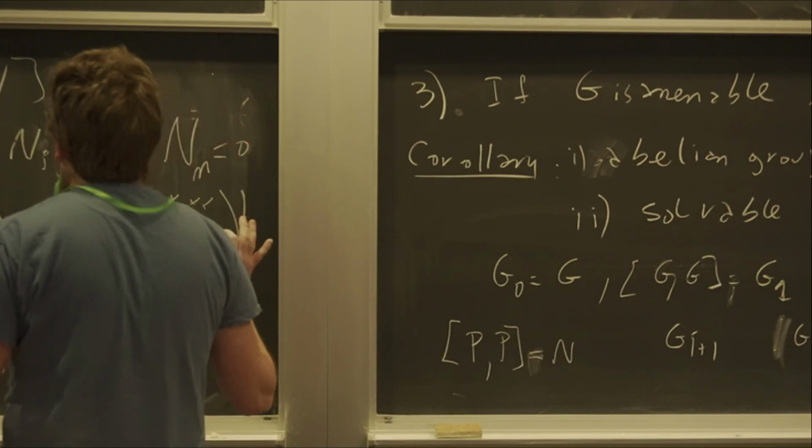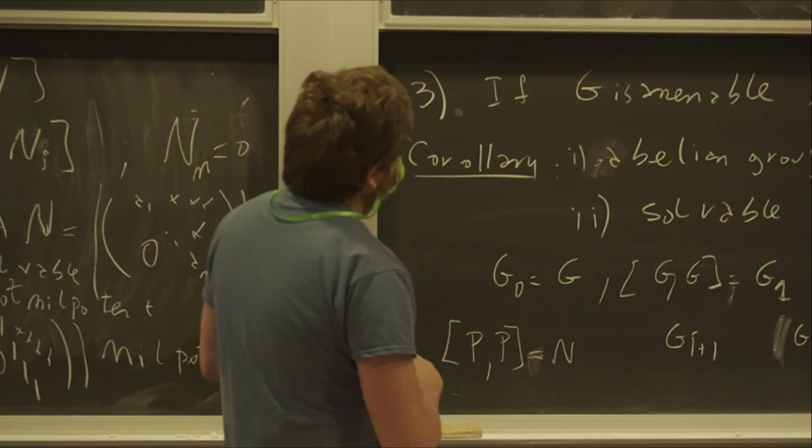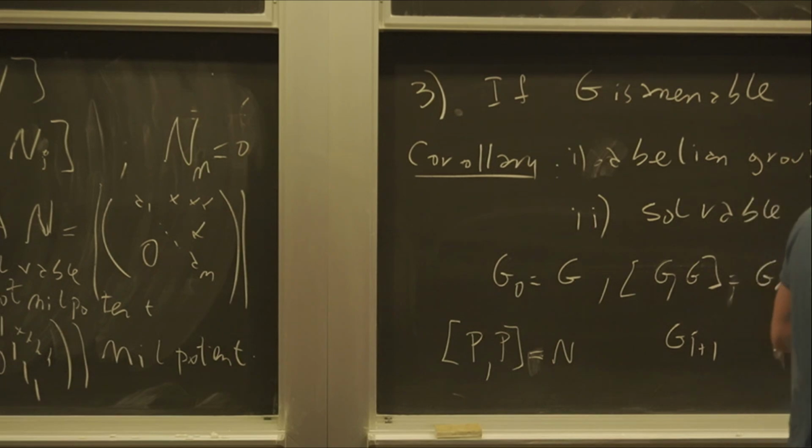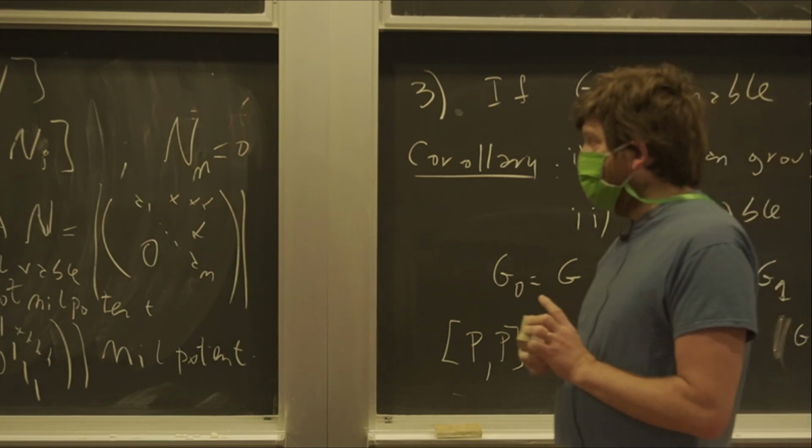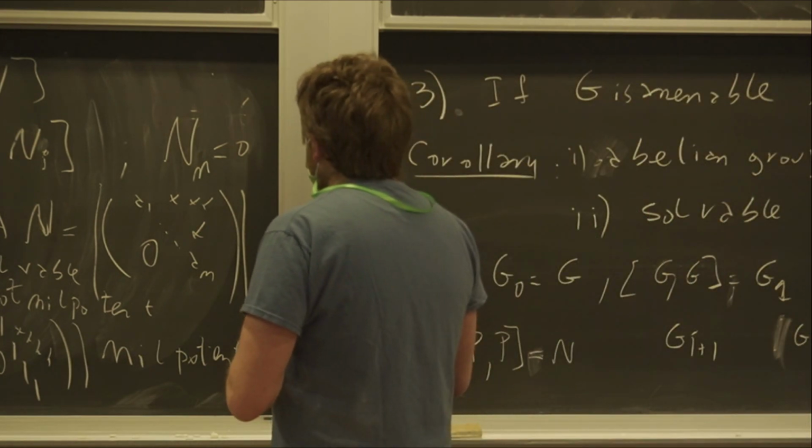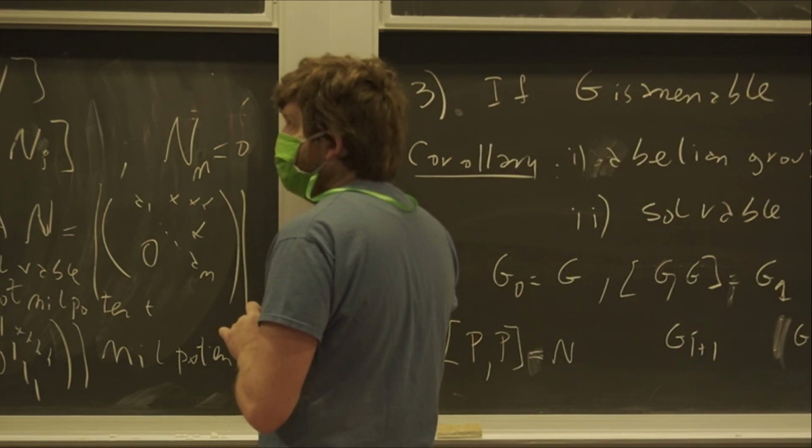Okay, so we have this notion of amenability, which so far has no use. We have a lot of examples of amenable groups, but we never care much about how to use this amenability.